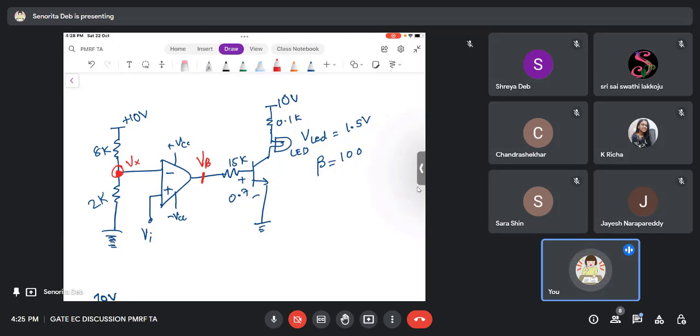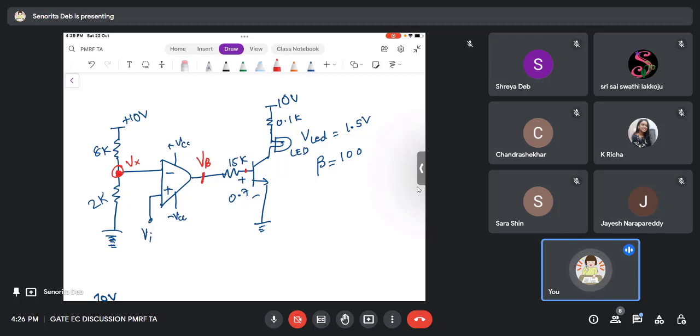Now if the output Vb is not sufficient enough to give plus 0.7 volts to the BJT, then the BJT will be off. And if the BJT is off, that is if the base to emitter junction VBE is not in forward bias condition, that means automatically your LED is not going to glow because there is no current flow, right?